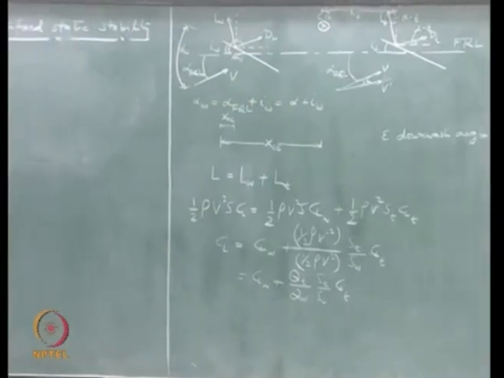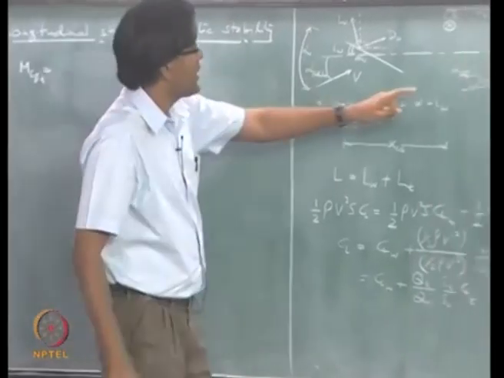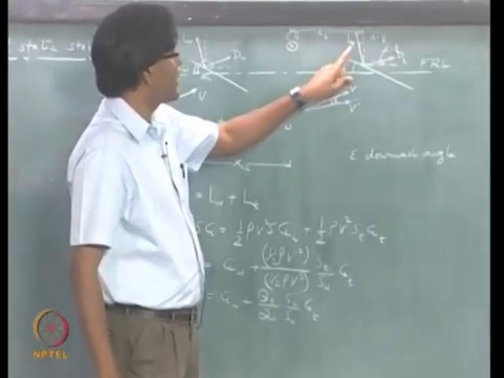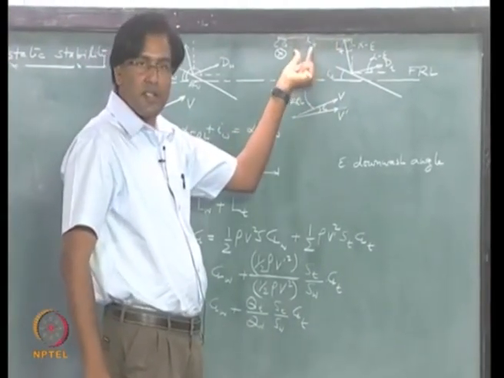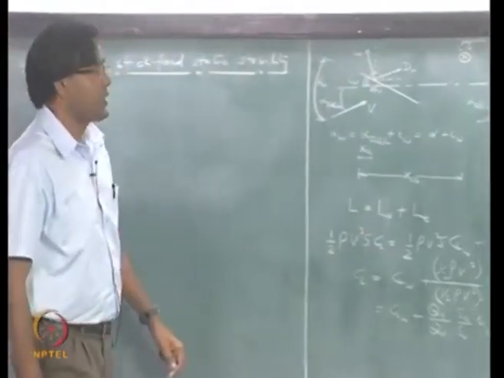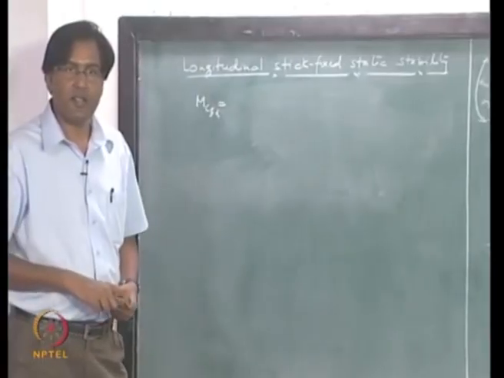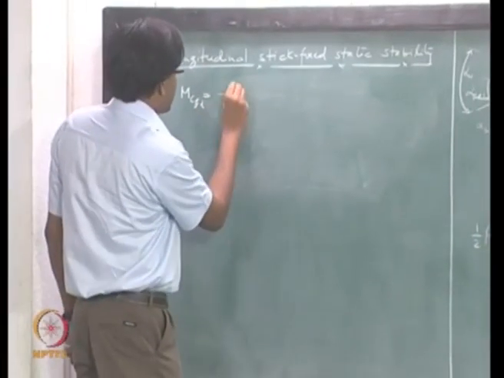Now let us try to write this expression. What is it? The cos component of this LT multiplied by this distance, and the direction of the moment is negative, so minus LT.